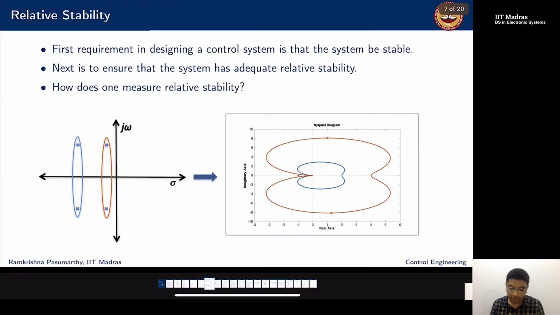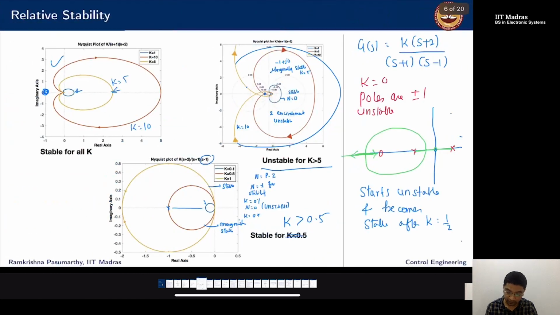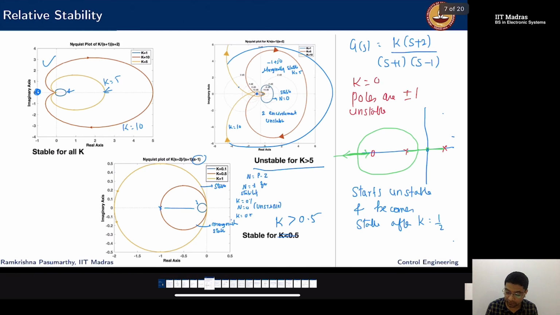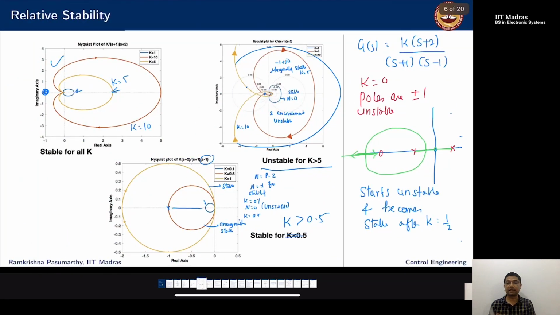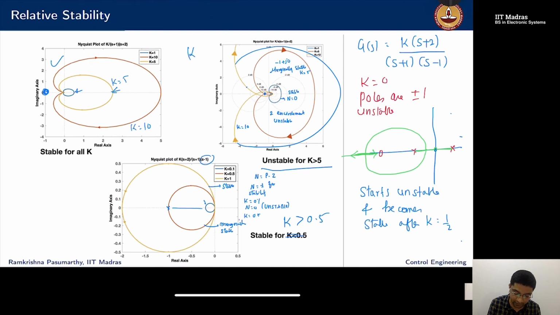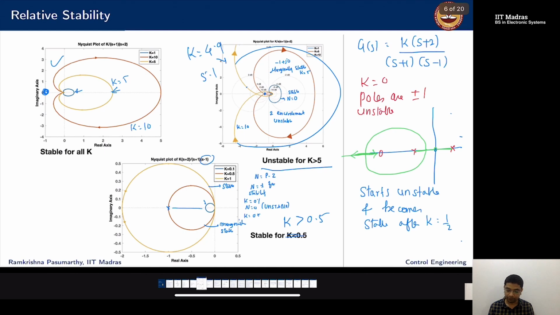The first requirement, of course, is that the system must be stable. Next is to ensure that the system has adequate relative stability. How do I measure it? I do not want the system to start very close to the imaginary axis, where a slight change matters. If I start at k equal to 4.9, it will show stable, but a small change of k from 4.9 to 5.1 will make it unstable.